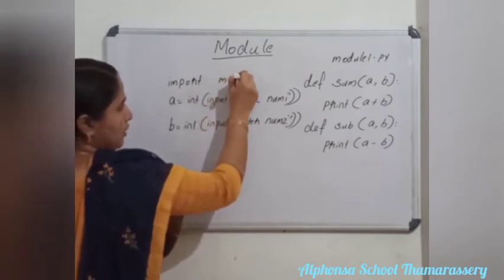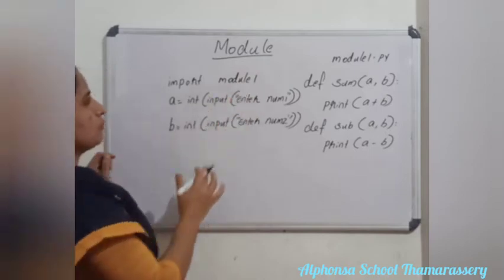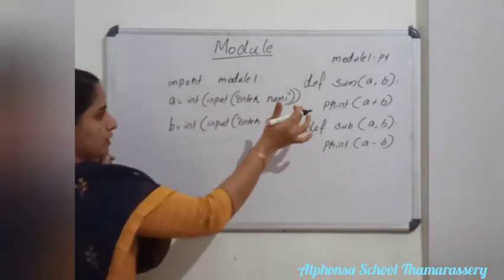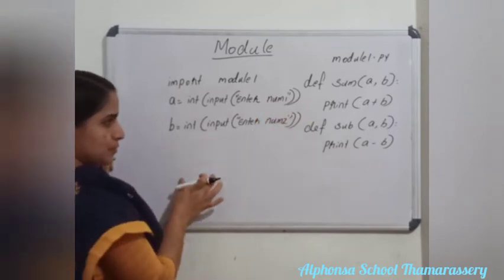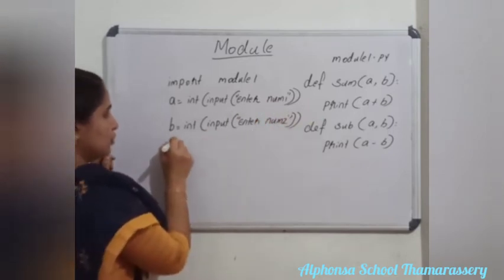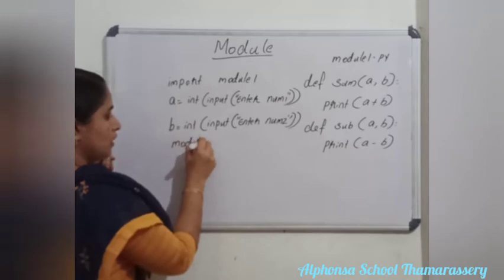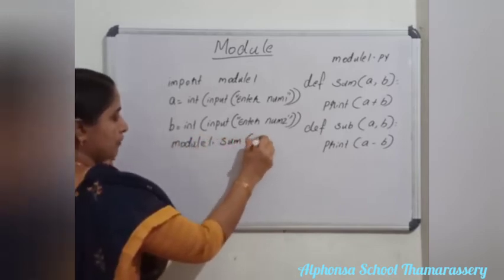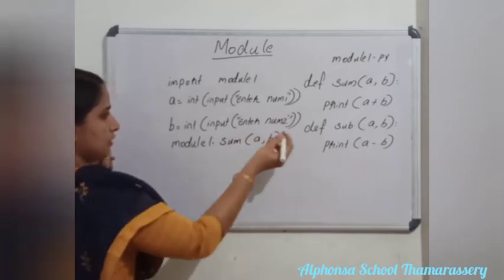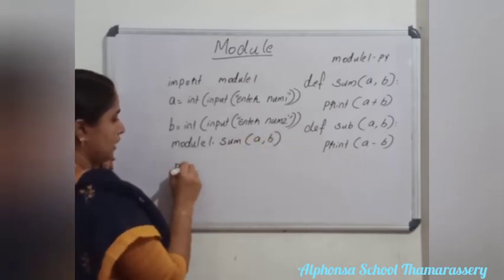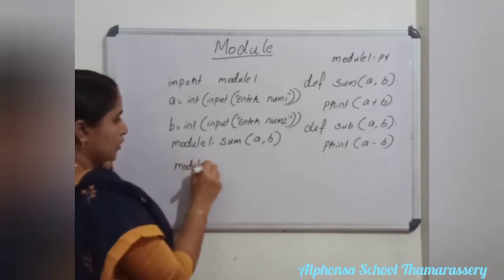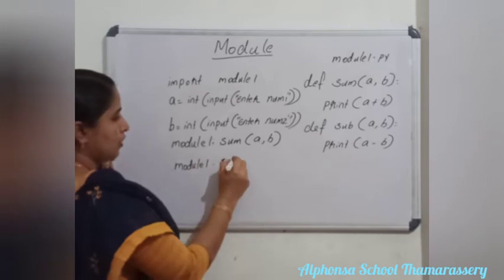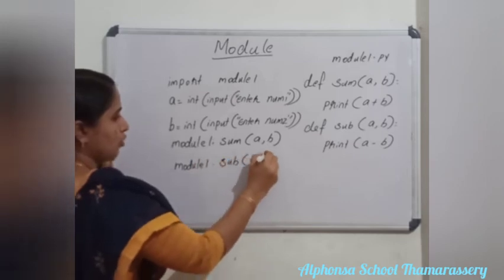So I use import module1. Thereafter, I can use the functions sum and sub inside this program. For that, I write module1.sum of a, b. To use the second function, write module1.sub a comma b.